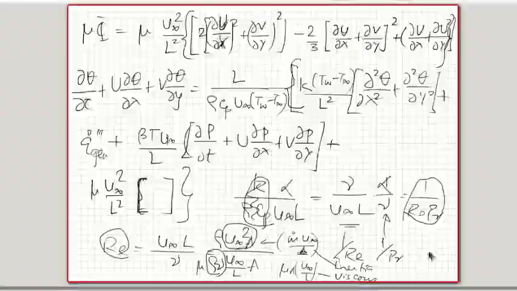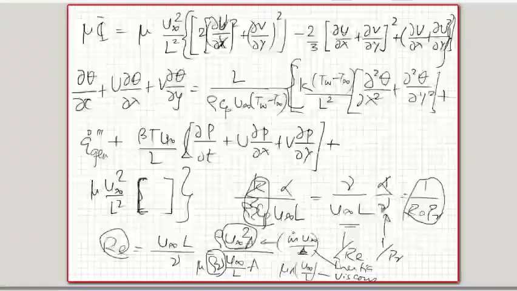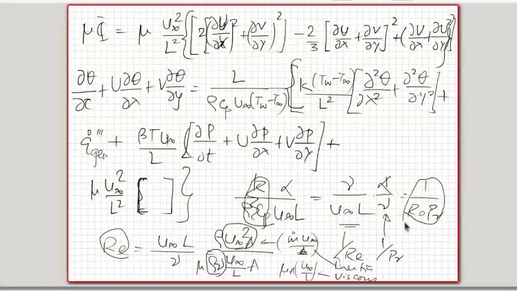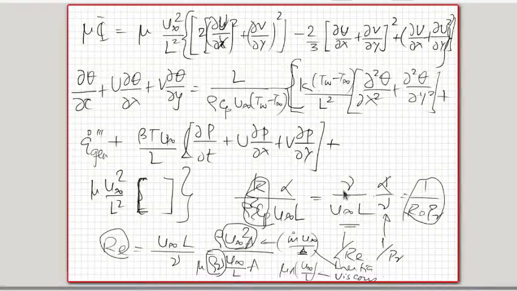That is one part. And Prandtl number is the ratio of the two diffusivities, nu, which is the momentum diffusivity, and alpha, which is the thermal diffusivity. So it's a property of the fluid, and when the Prandtl number is large, the momentum diffusivity is much higher than the thermal diffusivity. So the fluid is more viscous than conducting.